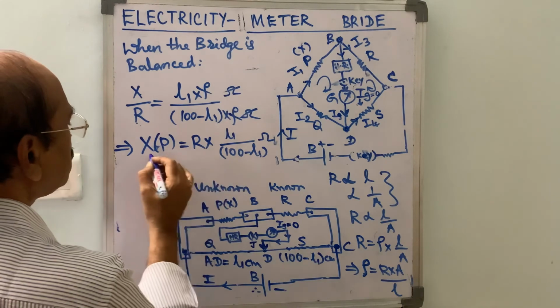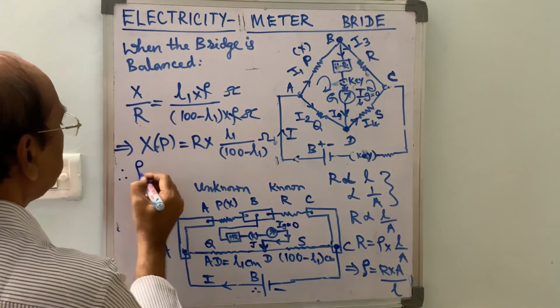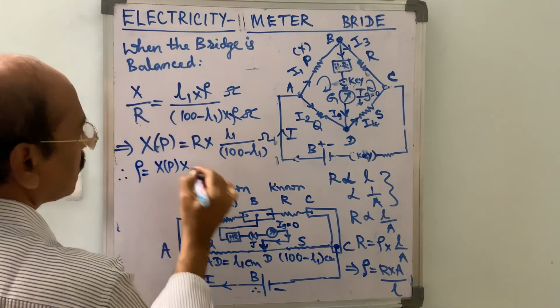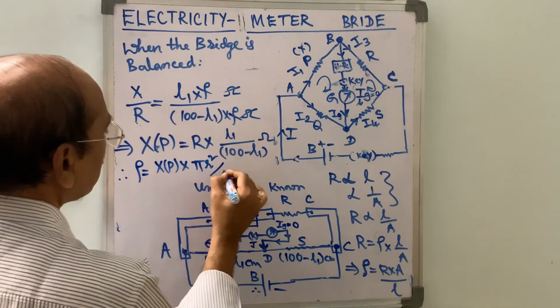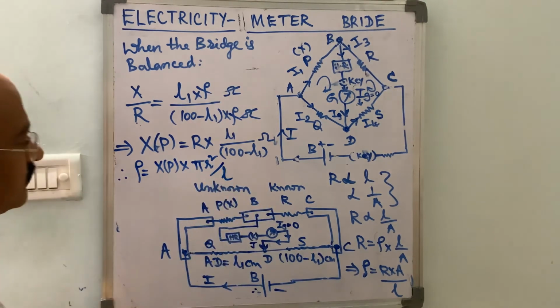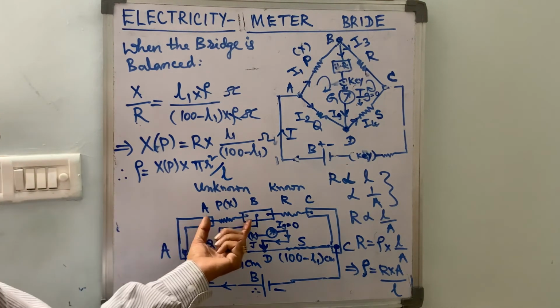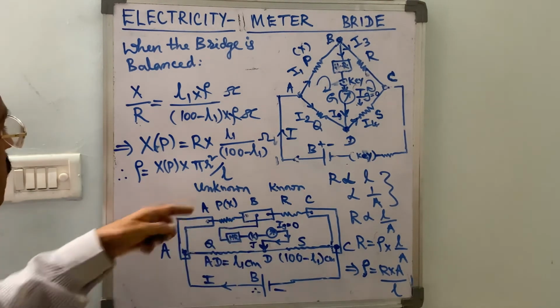Therefore, by substituting this value in this equation, rho is equal to X into pi r square by length L, the length of the wire. This is the unknown wire length, P or X length. So that is L.